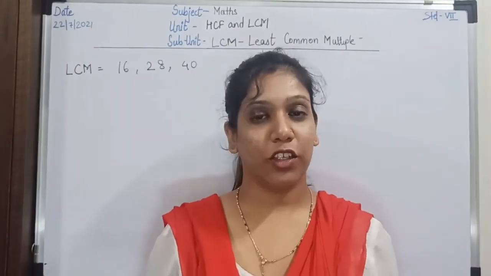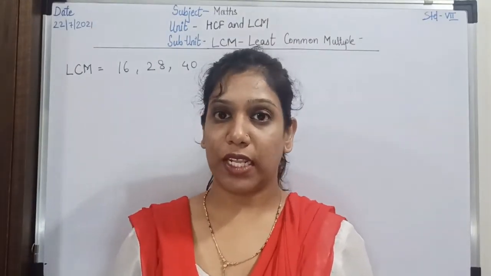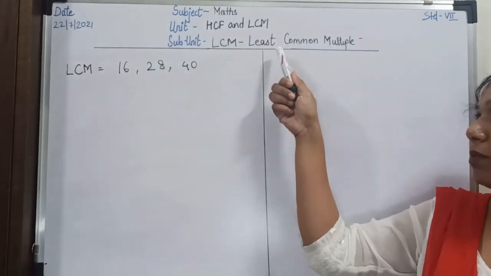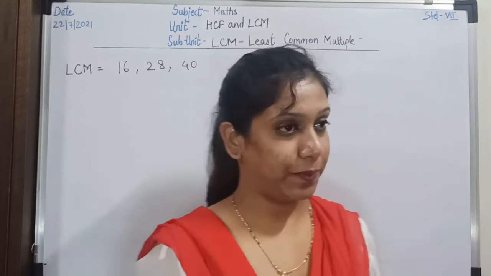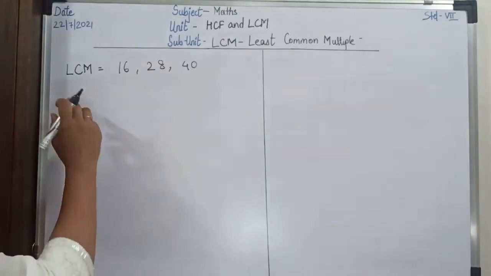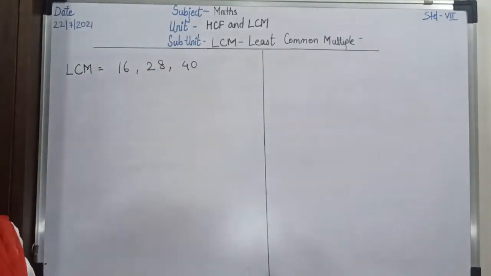Hello everyone. You have just read the concept of LCM, least common multiple. Now we will solve a few problems on it. We have already solved the problem which is 60 and 48. Now we will solve 16, 28 and 40.